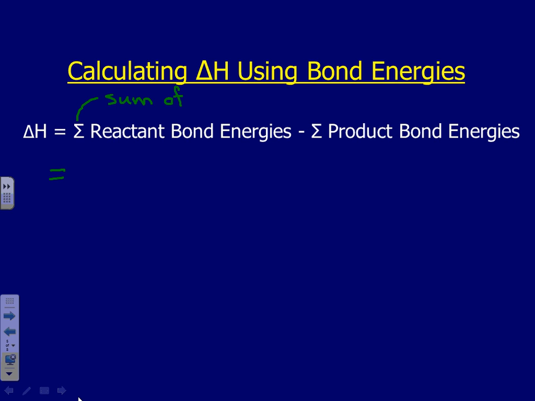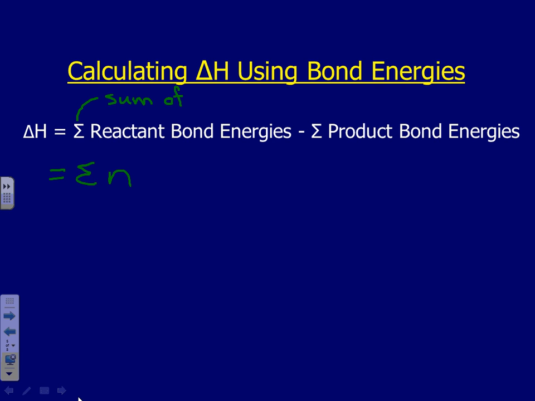And so what they do there is they have it written down as the sum of n, which represents the number of those bonds. I guess it's the number of moles, but that's fine.